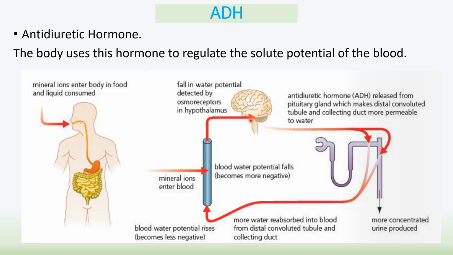They tell the posterior pituitary gland to release ADH, which goes through the bloodstream to the kidneys in the collecting duct, and they make the collecting duct insert aquaporins, making it more concentrated and less volume of urine.